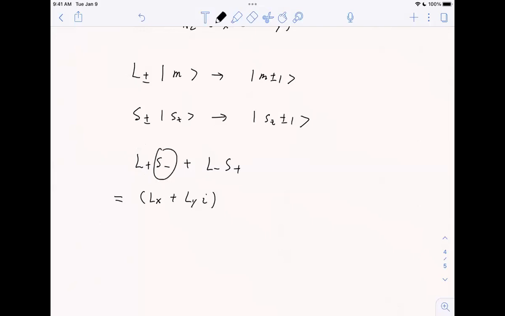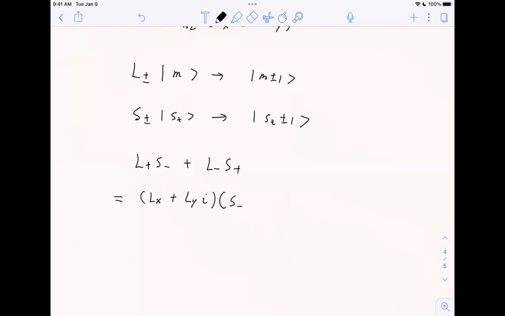So you flip the spin and change the angular momentum of the orbit. Here, you increase the spin and lower the orbital angular momentum by 1 unit. So there's an exchange, a transfer of angular momentum between the orbital motion and the spin. So these are represented by these two operators.